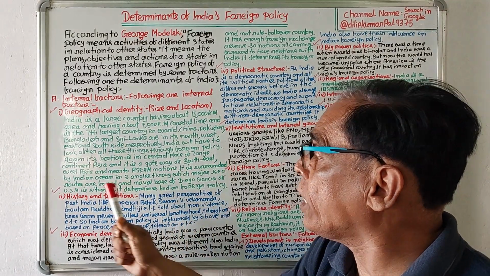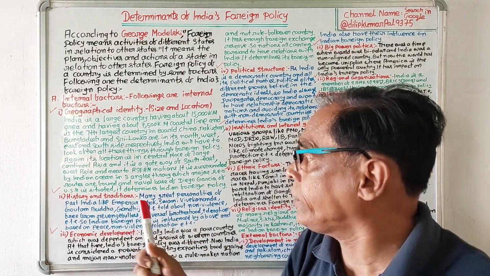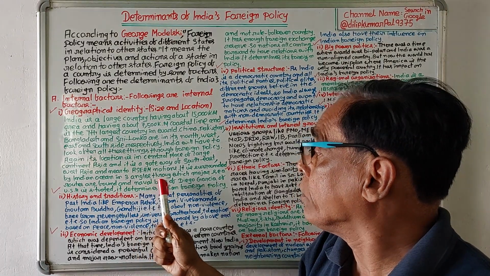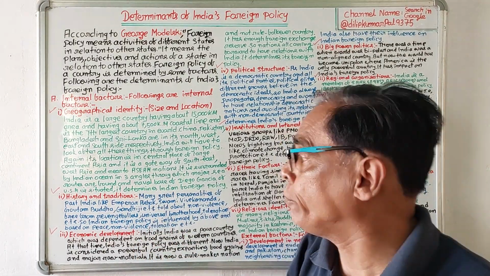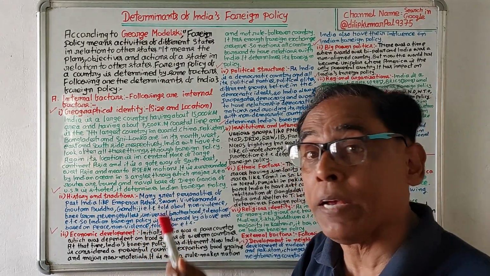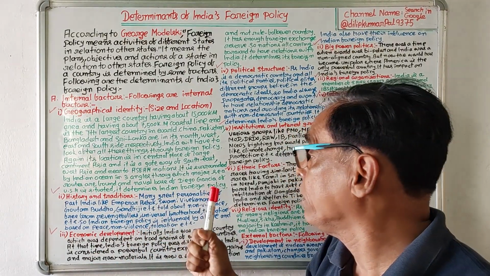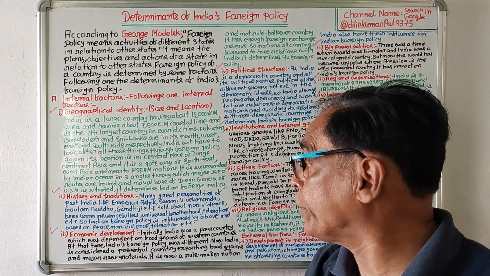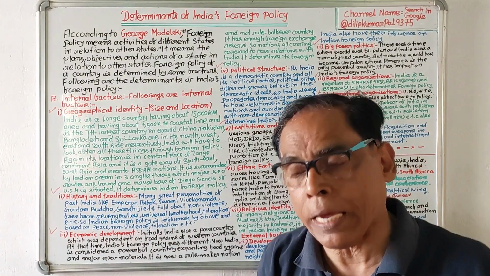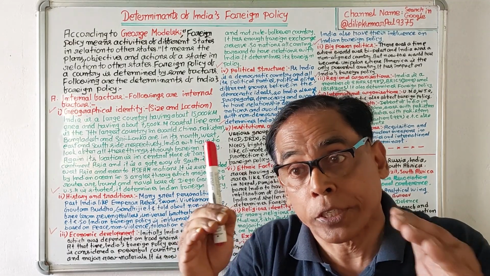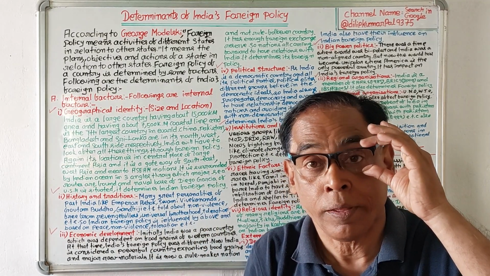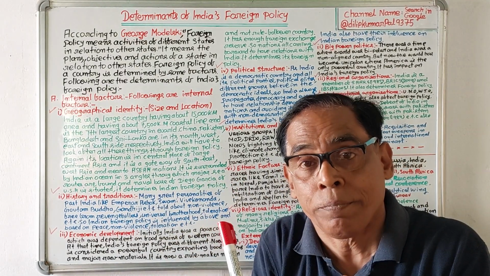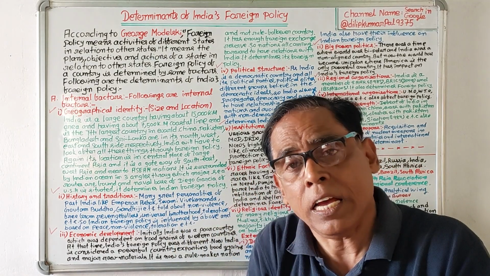It is surrounded by the Indian Ocean on three sides, through which major sea routes are found, and the naval base of Diego Garcia of USA is situated. It also determines India's foreign policy. Again, location of India also determines India's foreign policy. India is located in the heart of Asia.